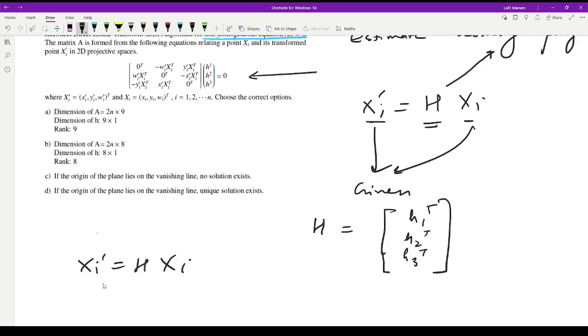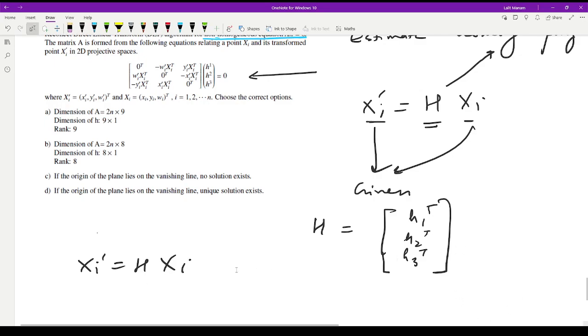The left hand side xi prime and H xi should be the same if you find the correct homography matrix H. Since you are in projective space, you also need to take care of the scale factor.